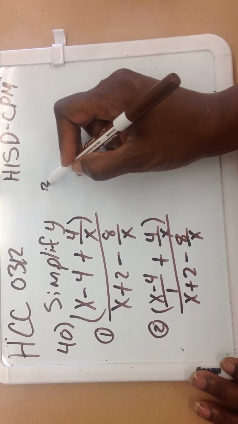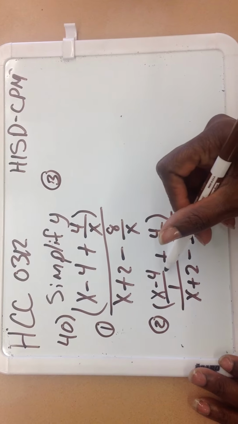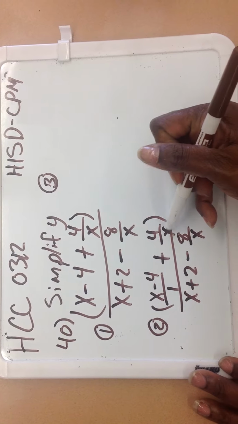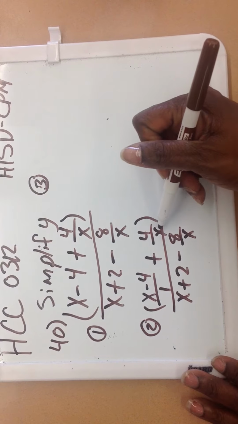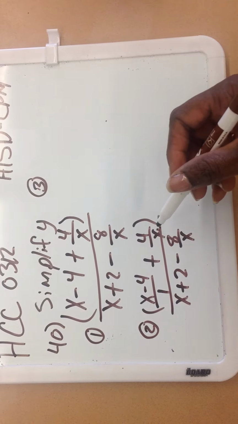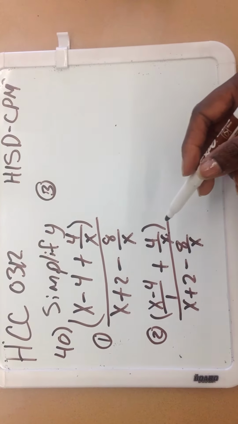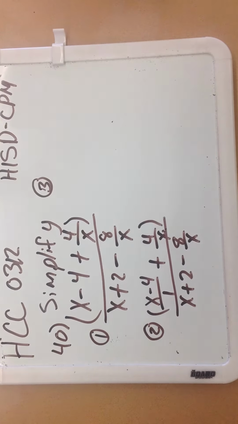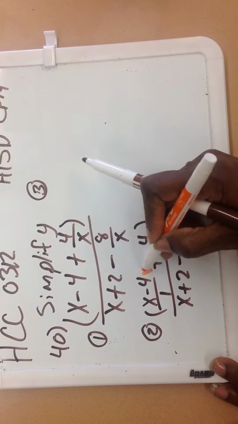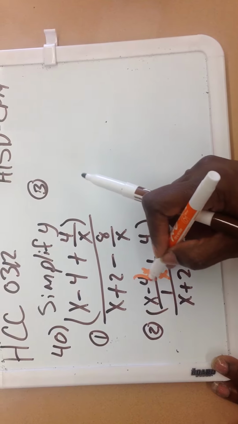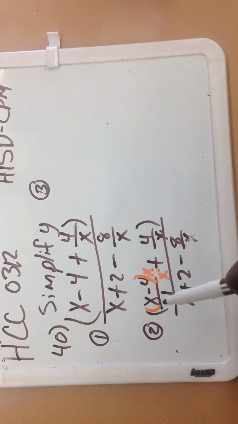So, step 3, I see I have to have a common denominator, which happens to be 1 and x. The common denominator has to be x, so I'm going to multiply by x. So if I multiply by x here so that I can get a common denominator, this whole expression has to be multiplied by x.